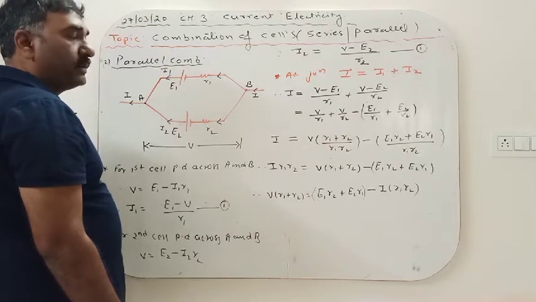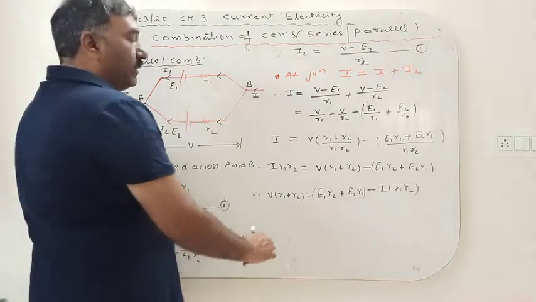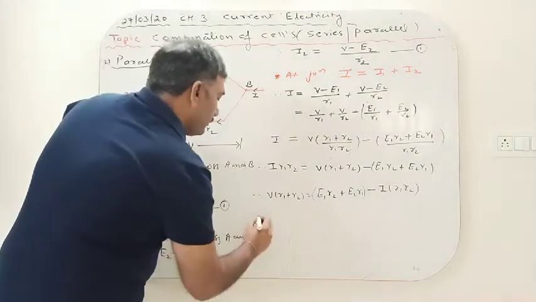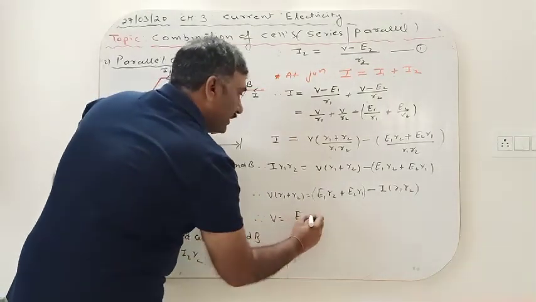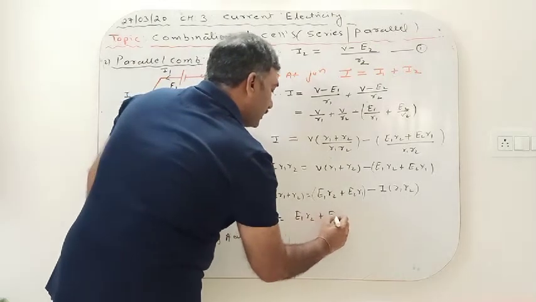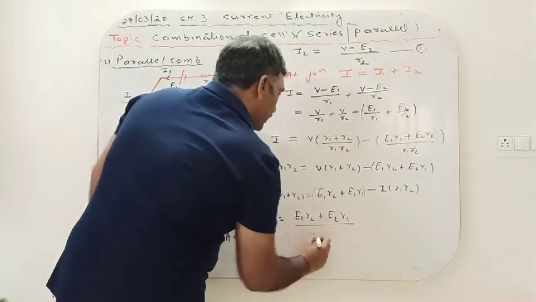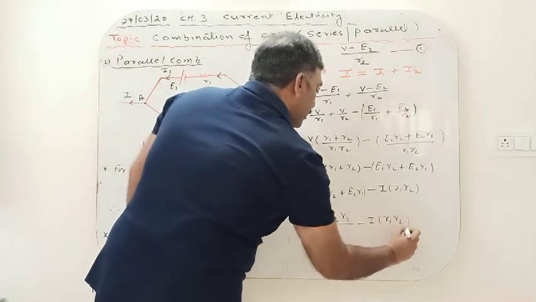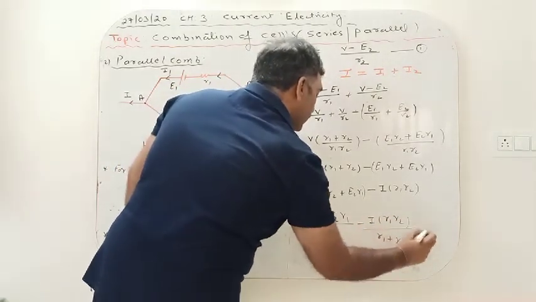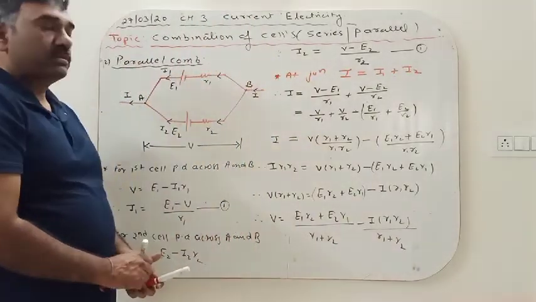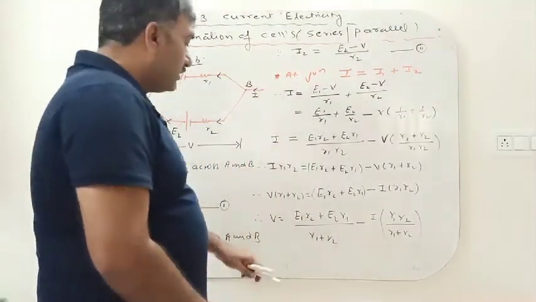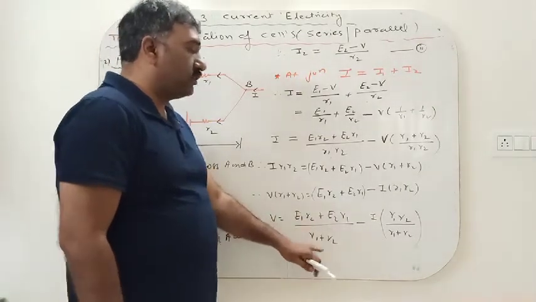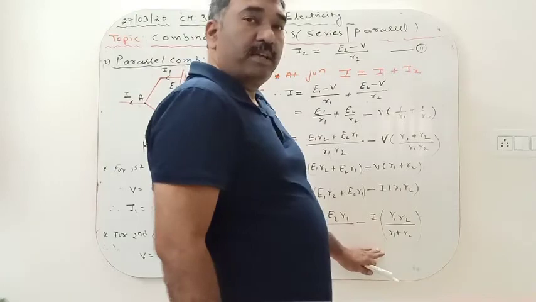Divide by R1 plus R2, simple. So V is equal to E1 R2 plus E2 R1 upon R1 plus R2 minus I R1 R2 upon R1 plus R2.